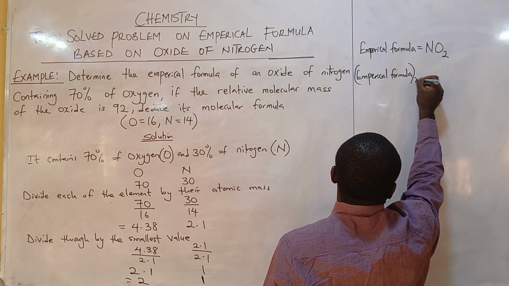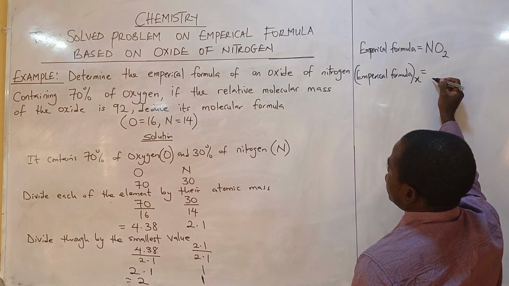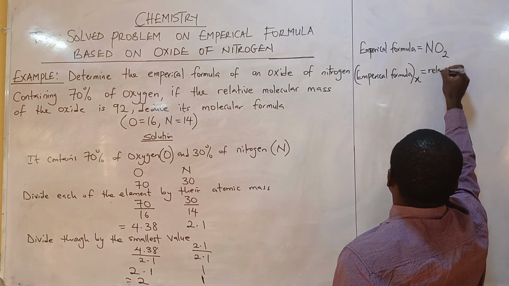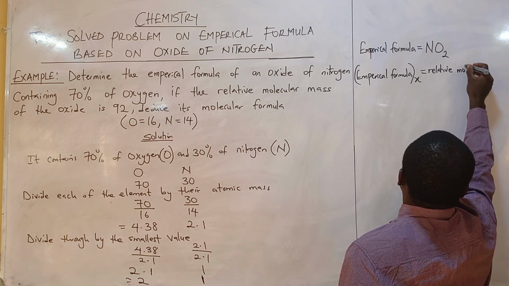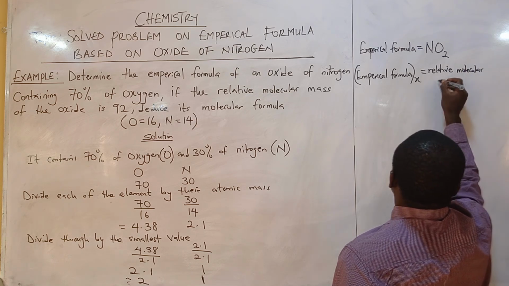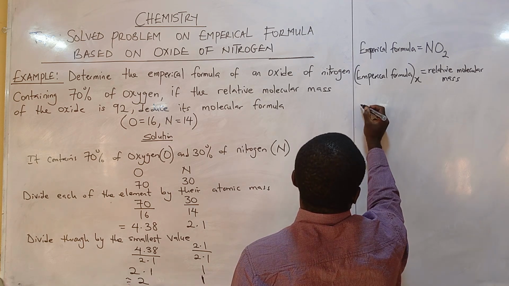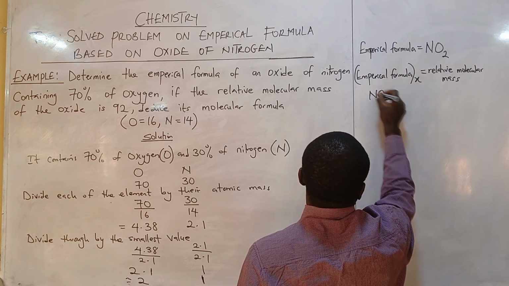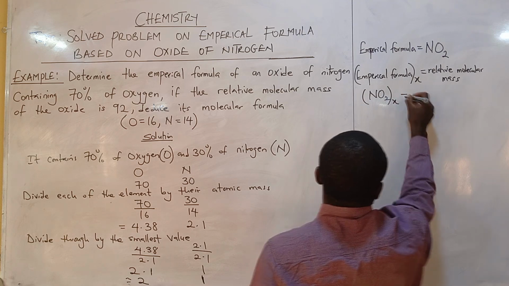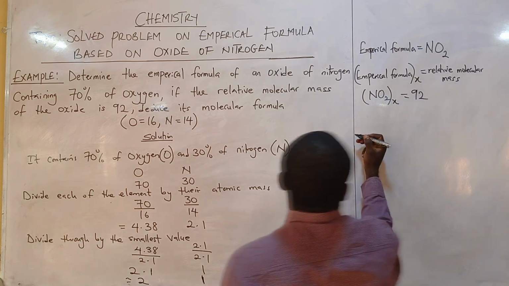put it in bracket, X is equals to relative molecular mass. Okay, now since you have it like that, you have empirical formula to be NO2, X. Our relative molecular mass is 92.